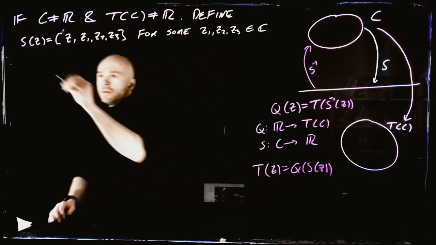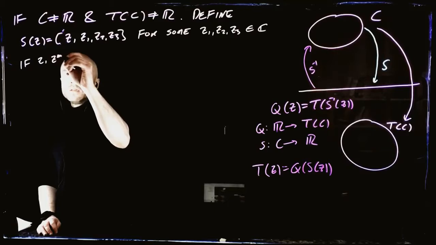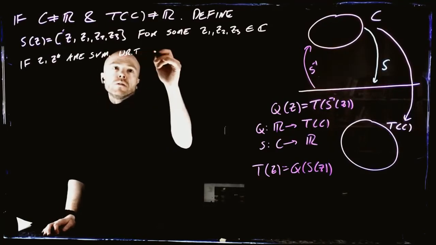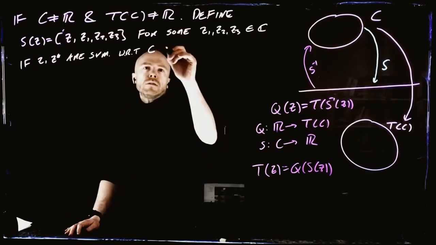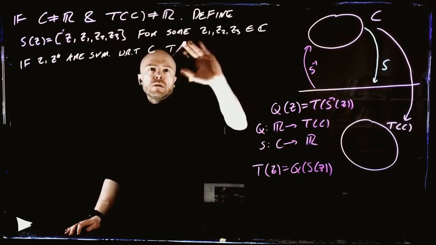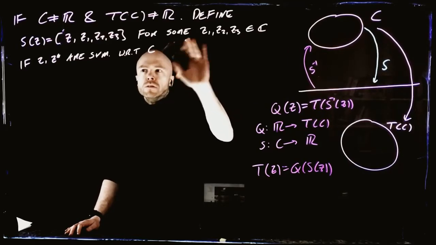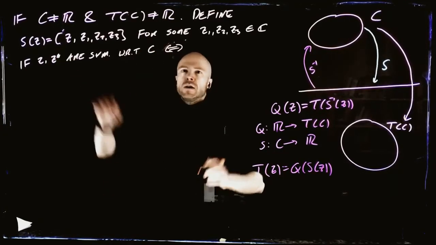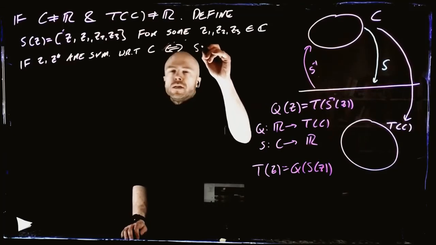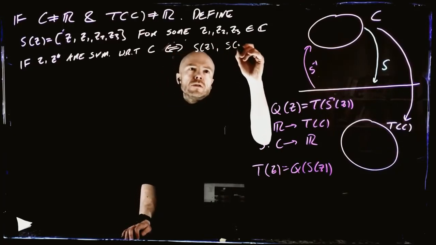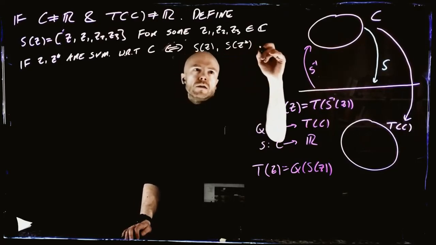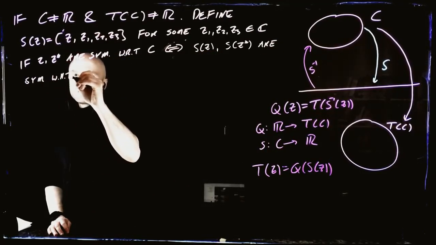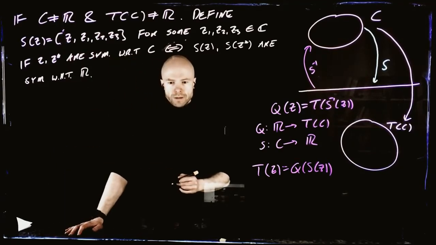If Z and Z star are symmetric with respect to C, then what this is equivalent to is that when we first map with our S, S of Z and S of Z star are symmetric with respect to R. That's a true thing.